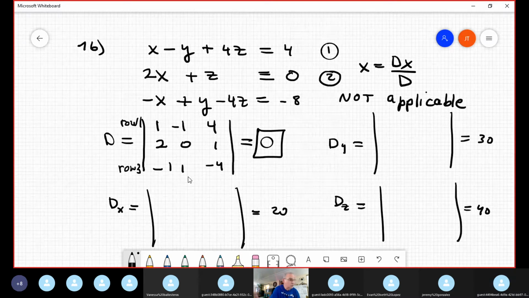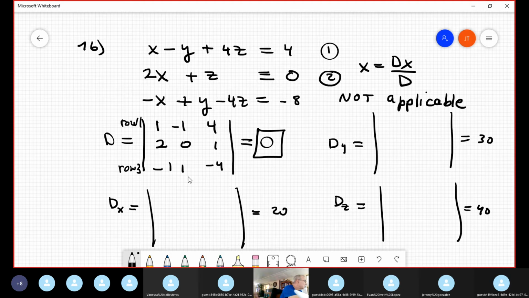Let's move on. The two problems about the application of the properties of the determinant, 17 and 18, are the same idea.